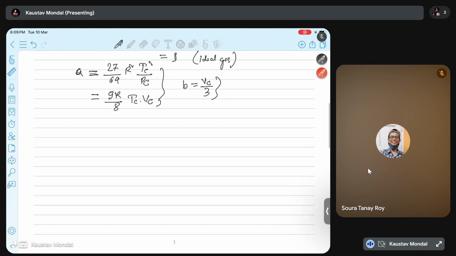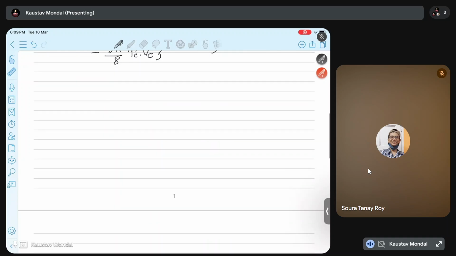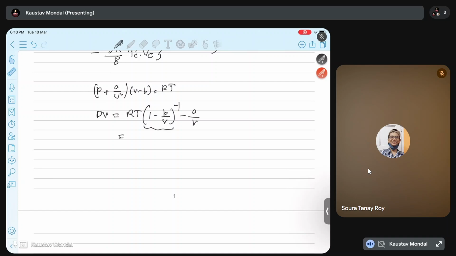Next, we discussed the virial expansion of the van der Waals gas equation. You can basically do the virial expansion in terms of volume. So this was the equation, P plus a by V square, V minus b equal to RT. You can write it like this, PV equal to RT times 1 over 1 minus b by V, minus a by V. Now from here you can expand this as an infinite series.